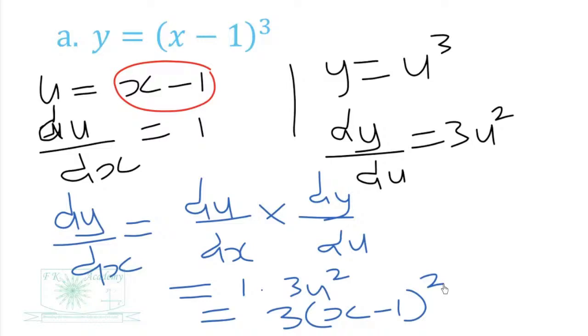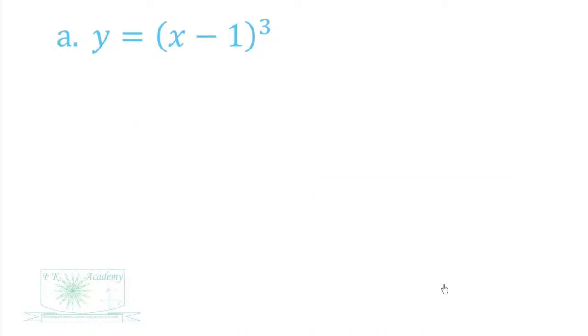So we now equate dy/dx to 0, because at the stationary point dy/dx is equal to 0. So let dy/dx equal 0.